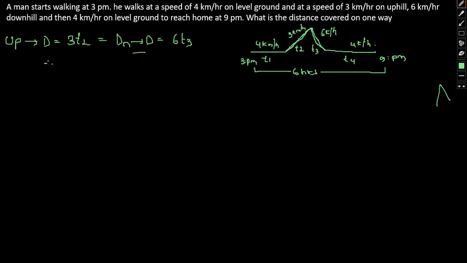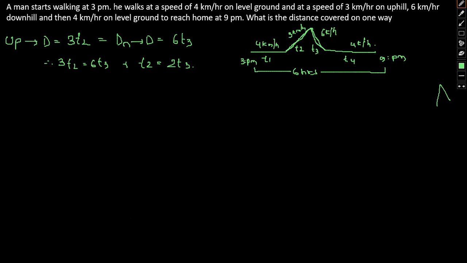So 3t2 equals 6t3, we can write that. Therefore we can write t2 equal to 2t3.